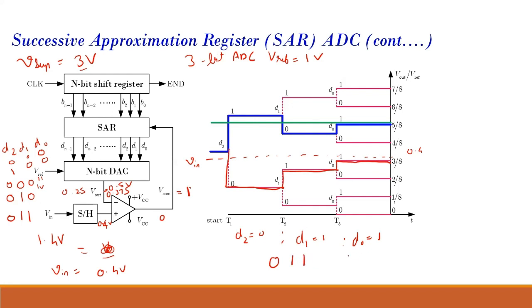This is how the successive approximation register ADC works. Any queries, doubts in this?